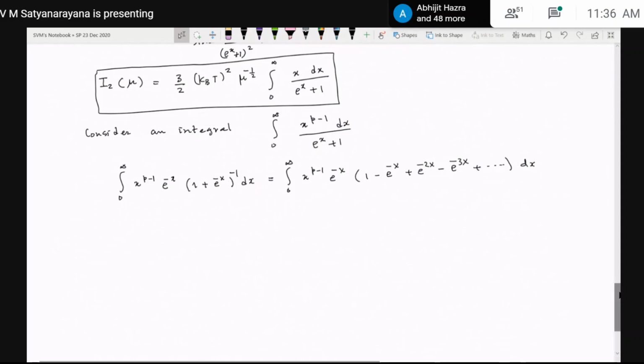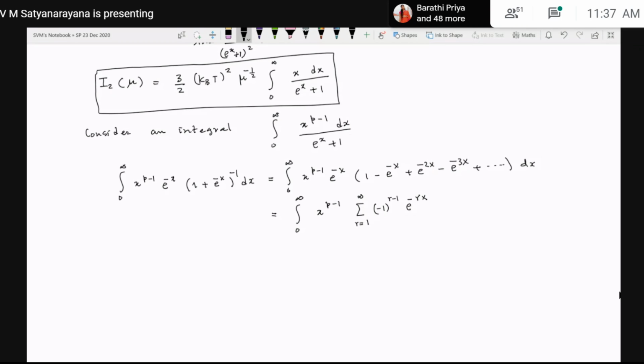So this is equal to the integral from 0 to infinity. I can write this as x to the power p minus 1, and I will write this as the sum over r equal to 1 to infinity of minus 1 to the power r minus 1 into e to the minus rx.